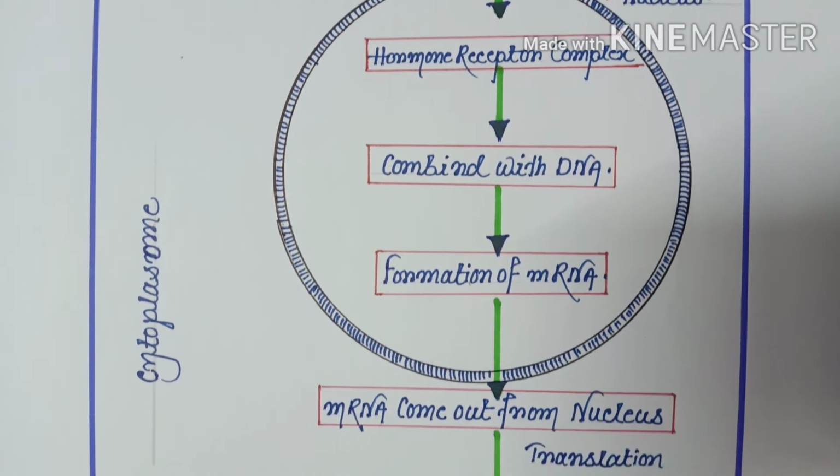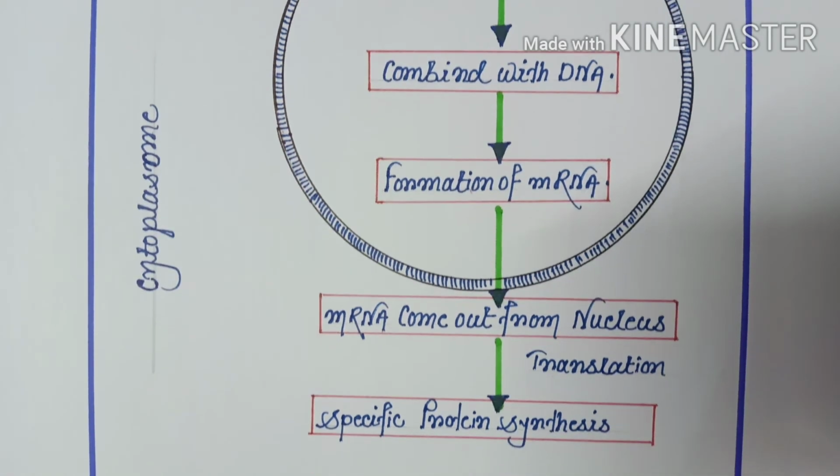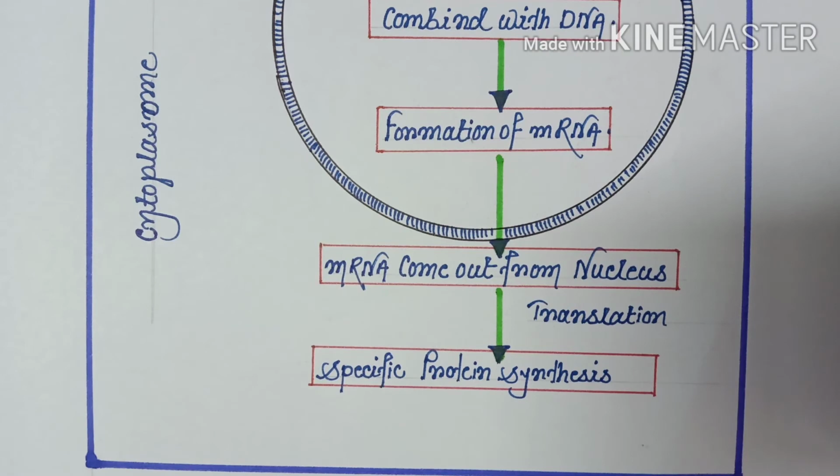When the mRNA is formed inside the nucleus, this mRNA comes out from the nucleus into the cytoplasm, and in the cytoplasm, with the help of ribosomes, through translation, it helps in the production of specific proteins, and those proteins perform specific functions.